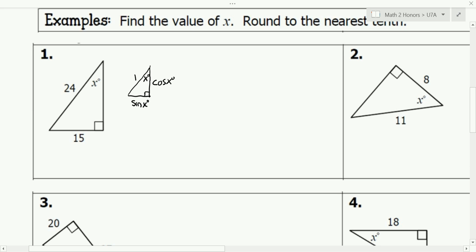One will always be your hypotenuse, the other one will always be the cosine. So the hypotenuse and the cosine are always the two sides that make the angle that you're looking at. If that helps you, you can use that. So 24 and 15 is what is given to us, and they correspond to 1 and sine. So can somebody give me a proportion that's true here?